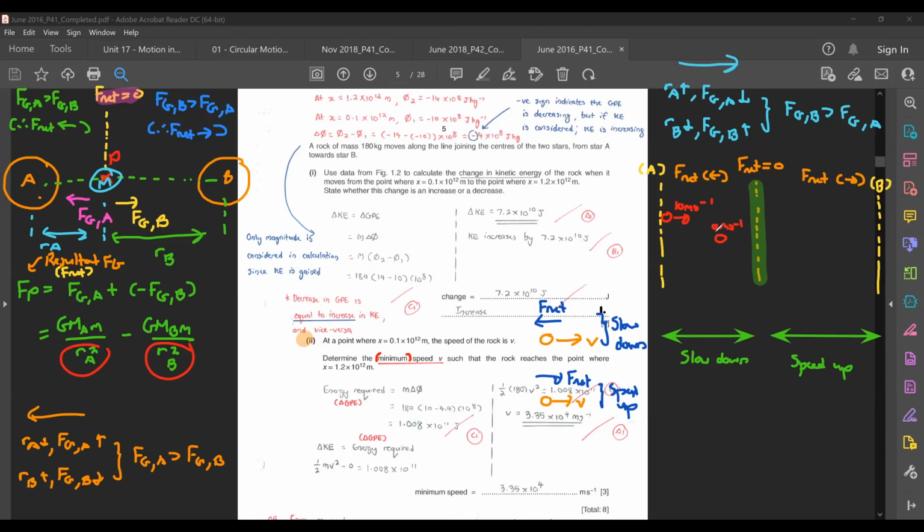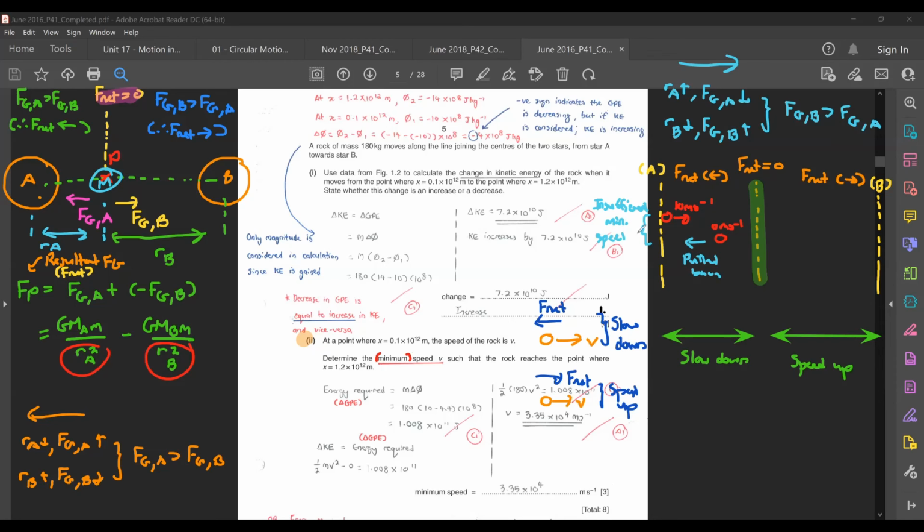So what do you suppose will happen? If my object slows down to 0 here, it will actually be pulled backwards. It will actually be pulled back. So in my case, this one is insufficient minimum speed.